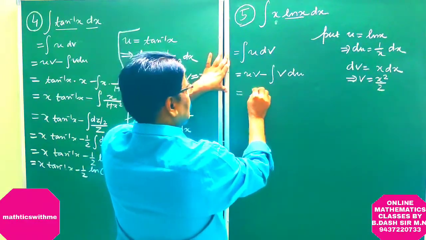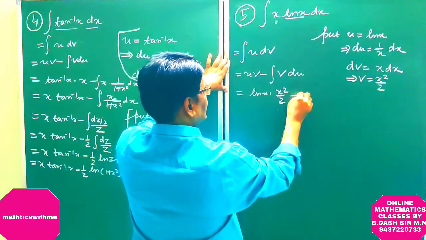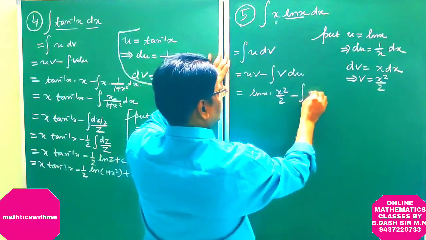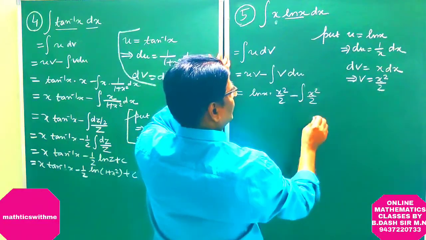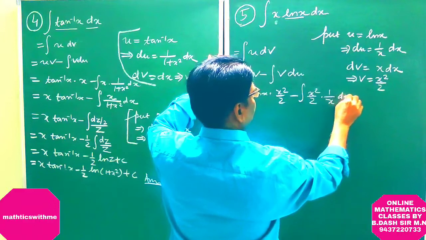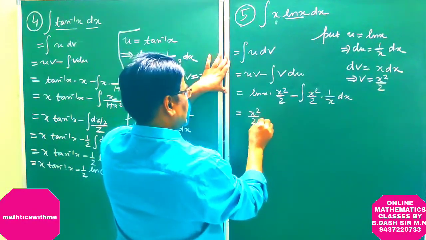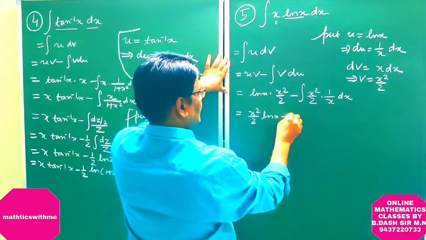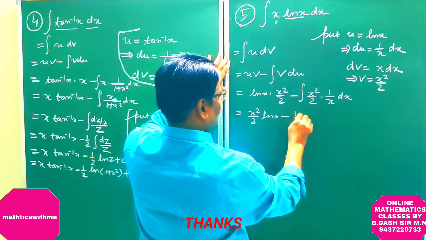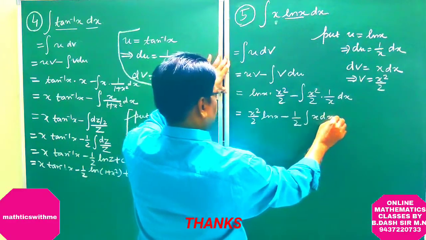Now u is ln x, v is x square by 2, and du is 1 by x dx. So this is equal to x square by 2 ln x minus the integration of 1 by 2 x dx.